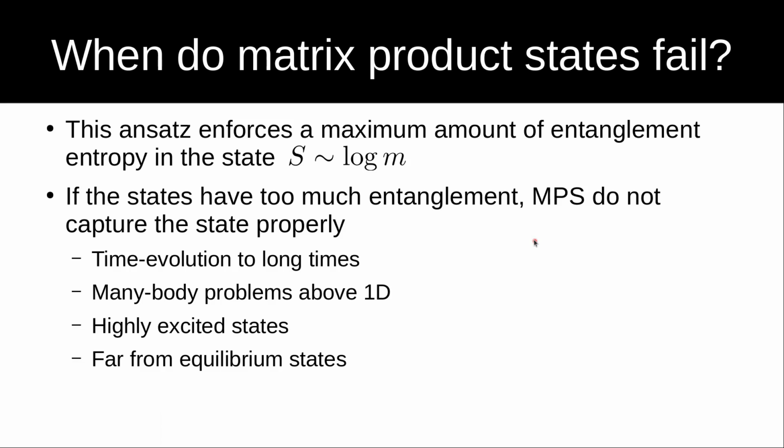And this, of course, holds in cases where you consider, let's say, high-dimensional systems, or even if you consider one-dimensional systems and you do time evolution to very long times, because when you do time evolution, the entanglement entropy actually grows linearly with time. Or, of course, even if you think about highly excited states where the area law no longer holds, and of course, if you are far from equilibrium, because the area law applies to the ground state.